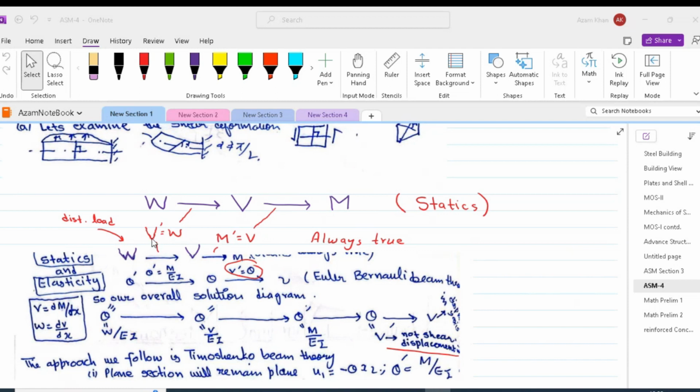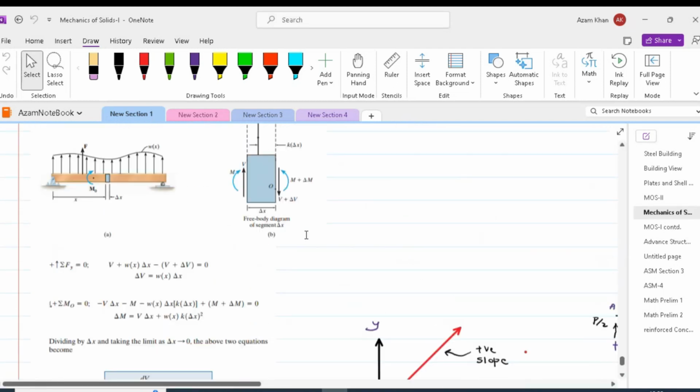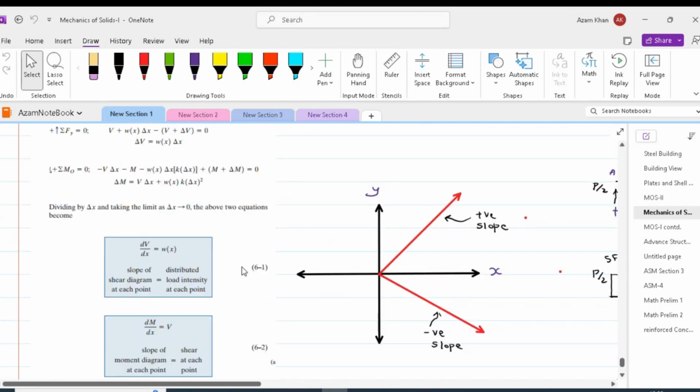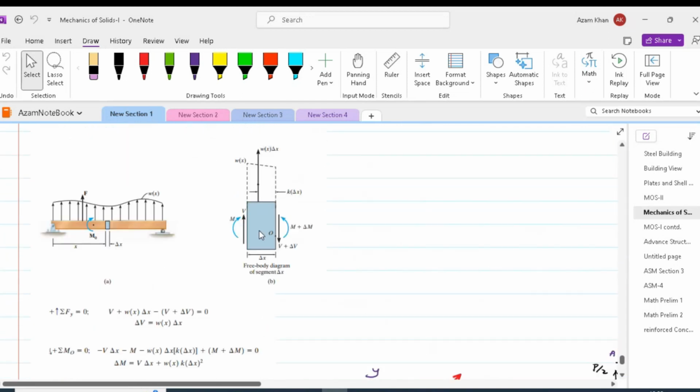The slope of shear at a point is equal to the distributed load magnitude at that point, and the slope of the moment diagram at a point is equal to the shear magnitude at that point. This will always be true because it is derived based on equilibrium. Equilibrium has to be satisfied all the time.